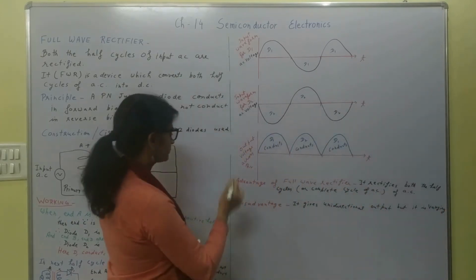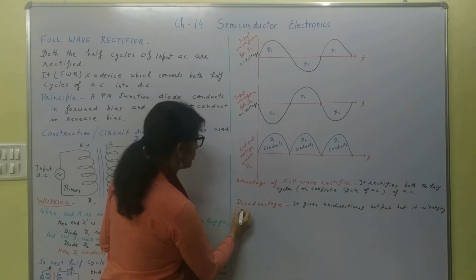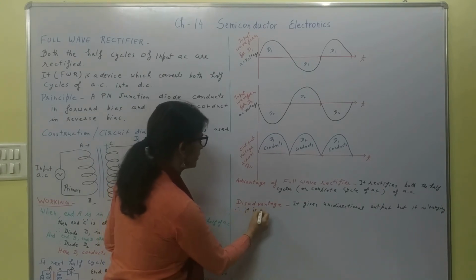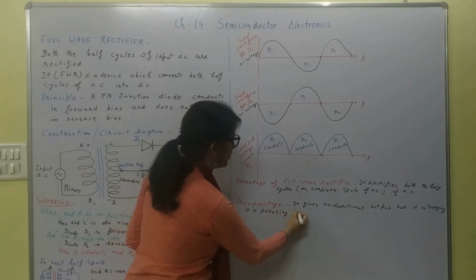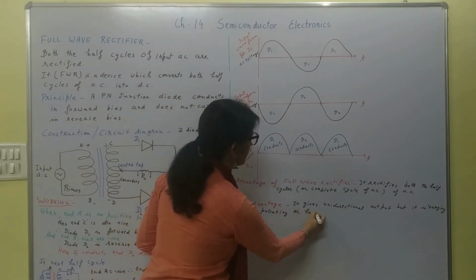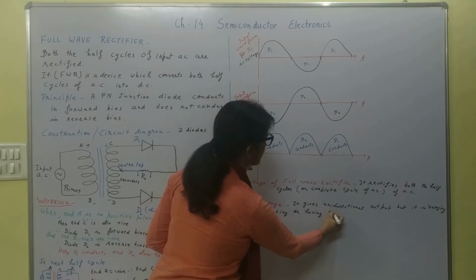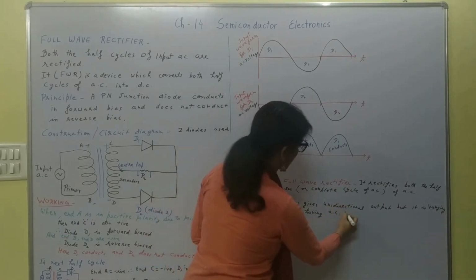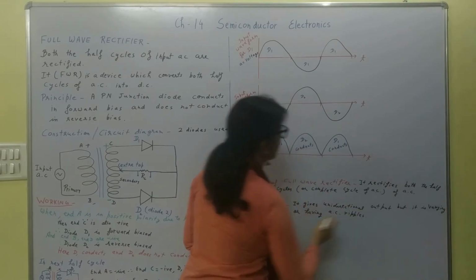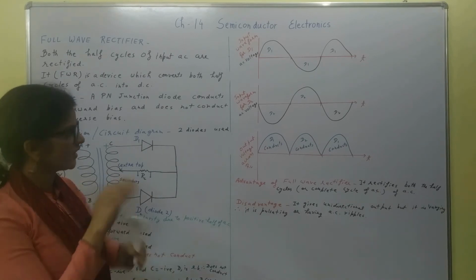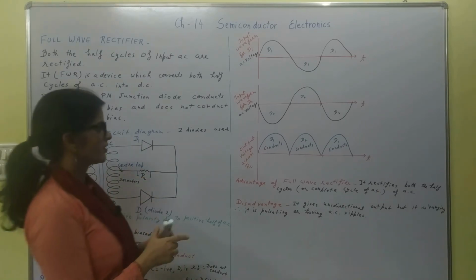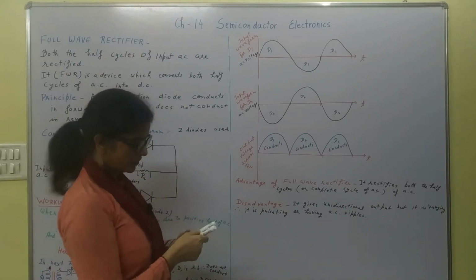Varying means it is pulsating or having AC ripples. Why are we calling it AC ripples? Because the value is increasing and decreasing, increasing then decreasing and then increasing and then decreasing. That means it is having AC ripples.